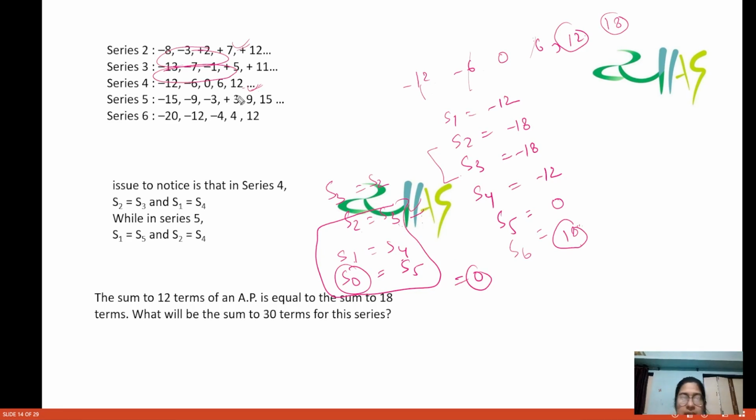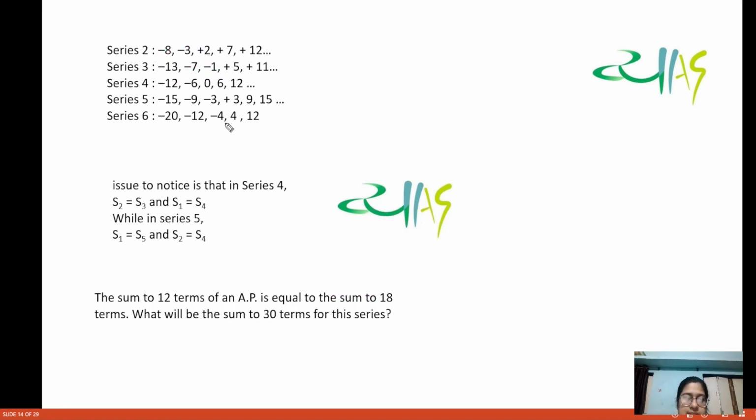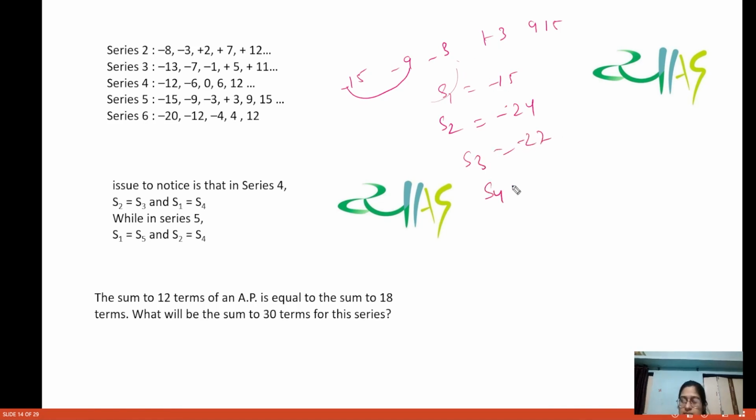Okay, now just look at one more series we have: -15, -9, -3, plus 3, 9, 15. What is the sum of one term? -15. What is the sum of two terms? -15 -9 is -24. What is the sum of three terms? -27. Now what is the sum of four terms?